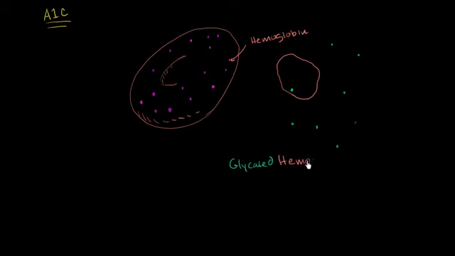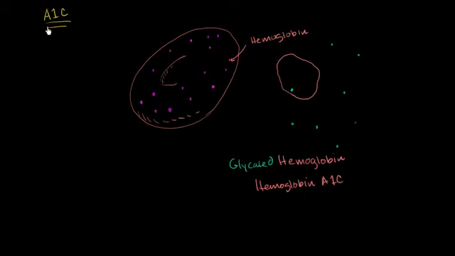So glycated hemoglobin. And another name for glycated hemoglobin, or hemoglobin that has some glucose bound to it, is hemoglobin A1C. And now I can imagine things are starting to click in your brain.